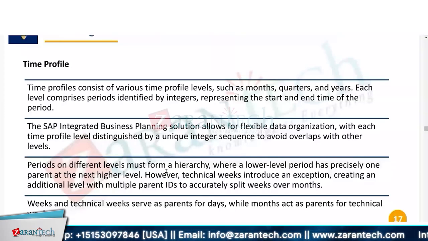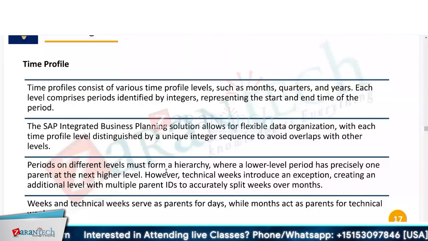If you do not put them in at the master data level, then this functionality is not available in the actual system. It allows flexible data organization with respect to the profile level, distinguished by the unit integer, and gives you a lot of flexibility in selection criteria. It will help you slice and dice the data in various forms.